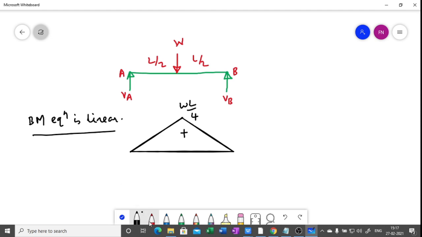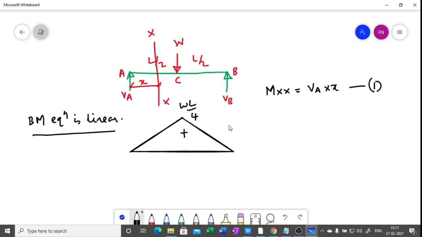To understand bending moment equation, we have to take a section between A and C at a distance x from A. The bending moment at this particular section will be Mxx equal to VA into x. This is your equation number 1.